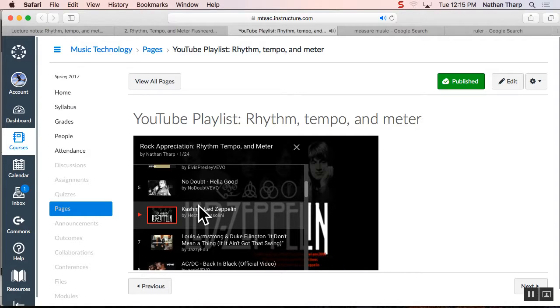For those who have taken my class before, what tempo is this? Andante. Probably a slow andante, right? How many beats per minute do people think that is? 90. 90? Oh, per minute. My bad.